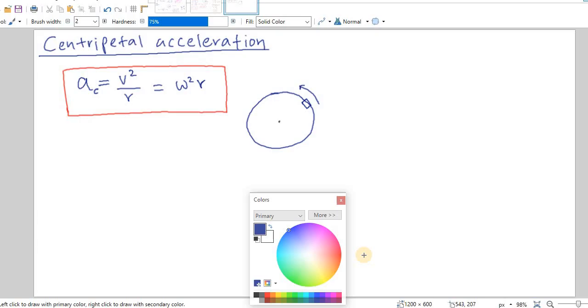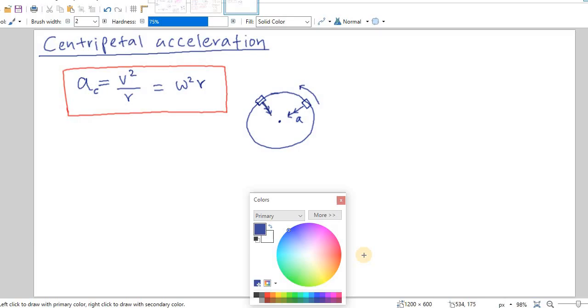Now this is the center, let's say. So here we have the direction of the acceleration, directed towards the center of the circular path.